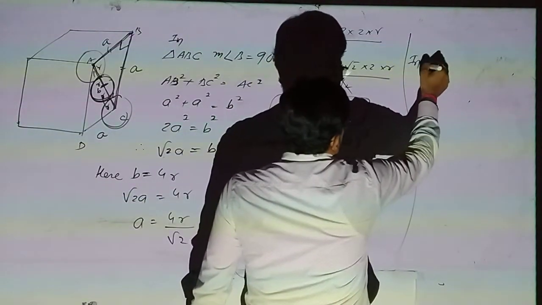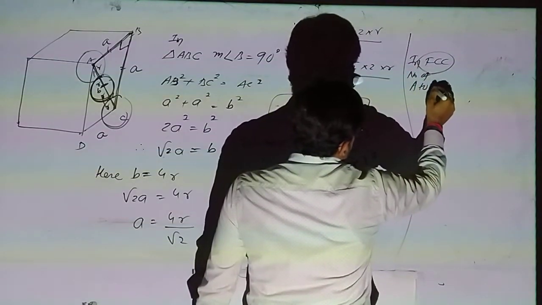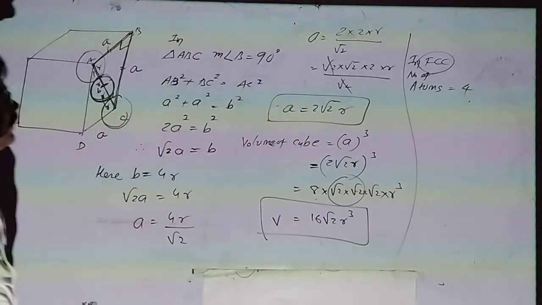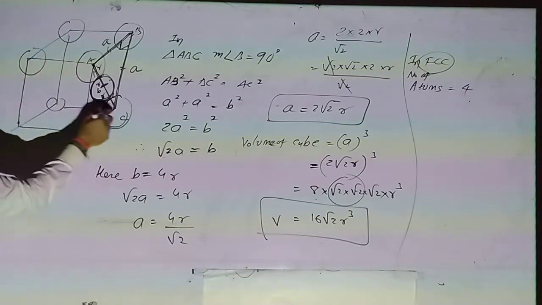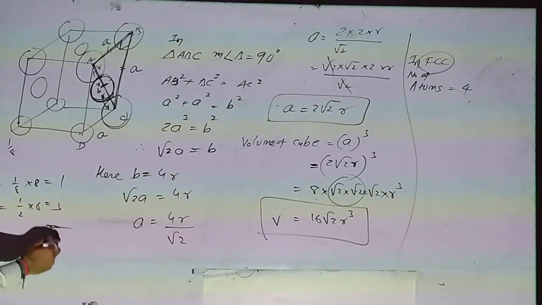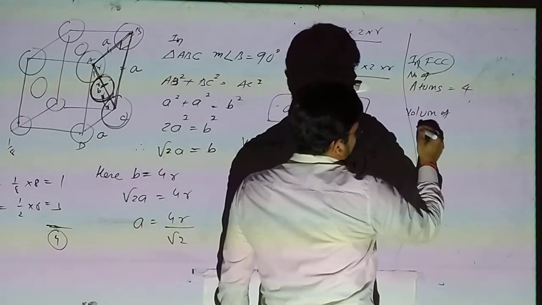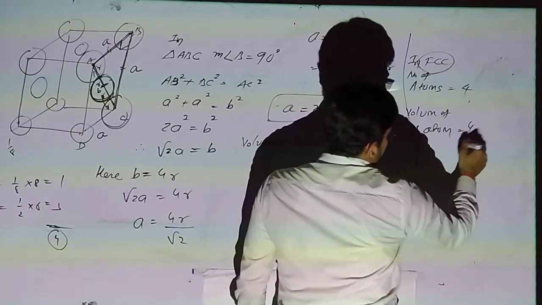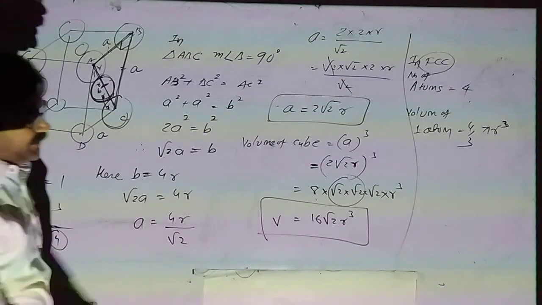But in the FCC structure, the number of atoms is 4. How? 8 are on corners, but not whole. 1 by 8 portion, 8 times, equals 1, and on the face centers 1 half, having 6, so total 4 spheres. So the volume of one atom we know, the volume of one sphere is 4 by 3 pi r cube.